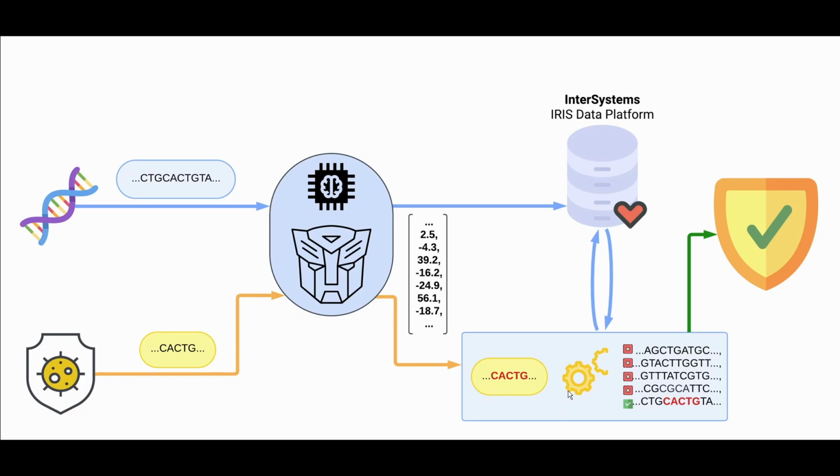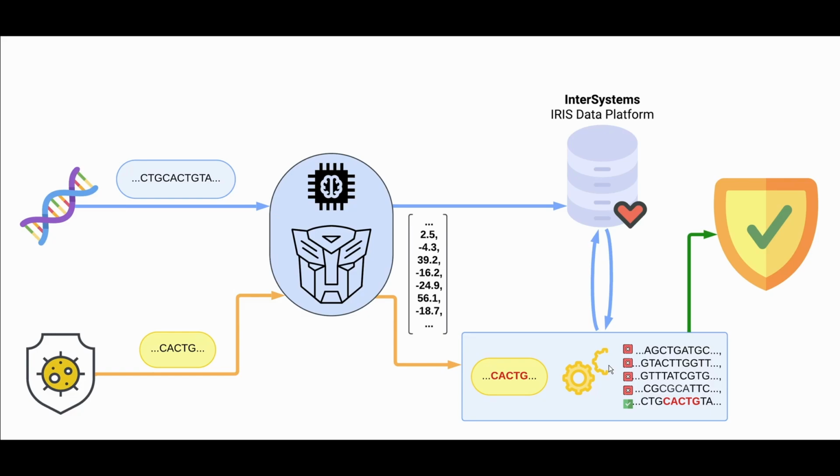When we get back those 100 results from our database, they are highly likely to have this gene in them. So we can use traditional algorithms to check if the gene is actually in them.